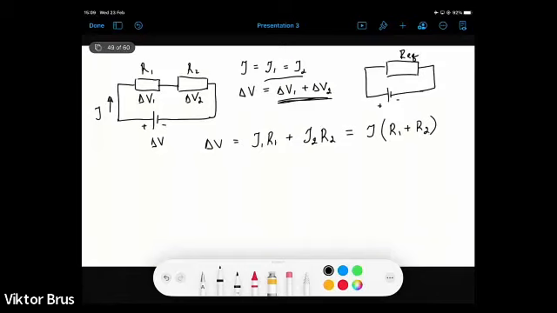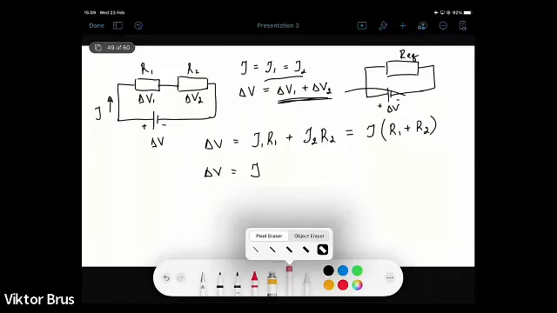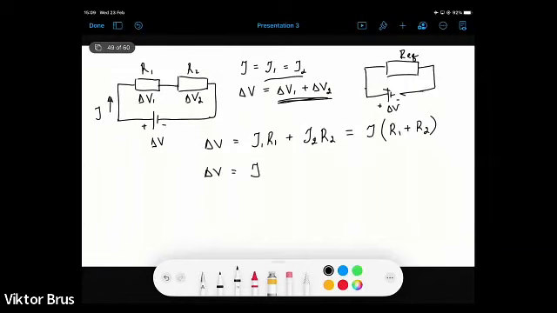And in the other way, if we have the same potential difference delta V in this equivalent circuit, delta V can be represented as the same current times, here we should put R equivalent.